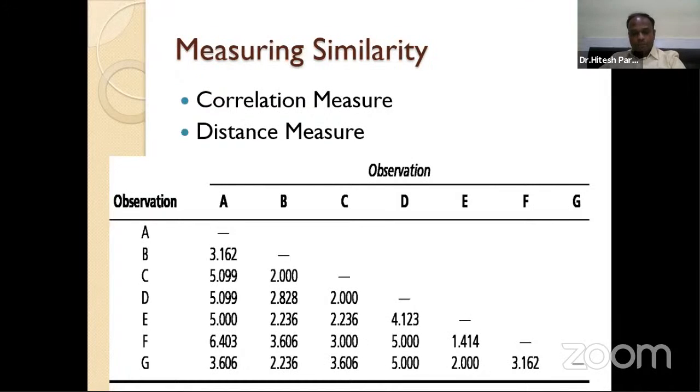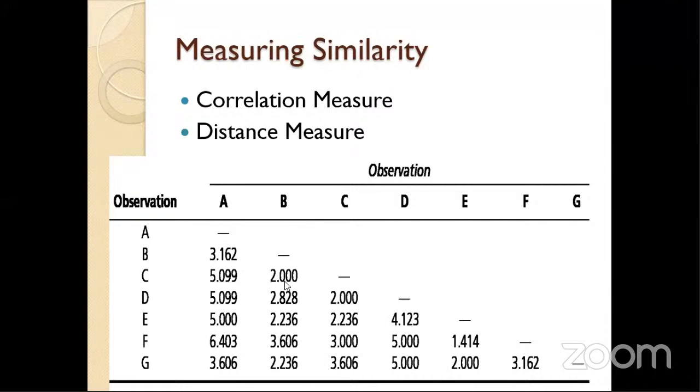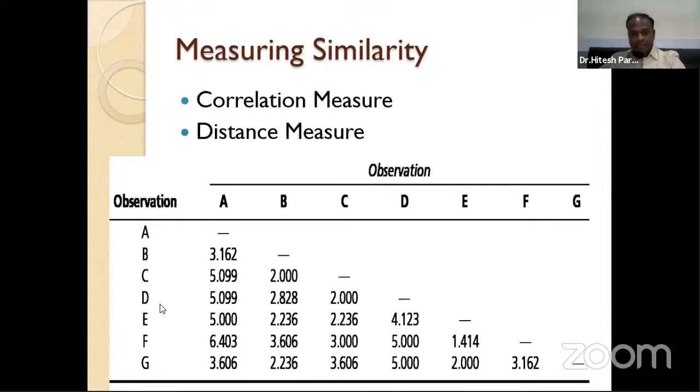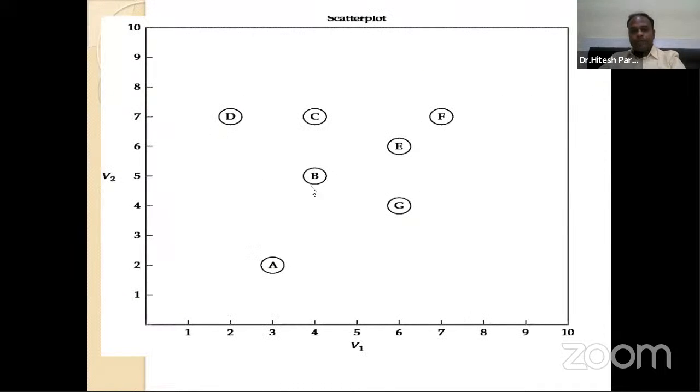But 2 we can observe for 3 pairs: between B and C, between C and D, and between E and G. So distance will tell us whether they have a similar approach or not.